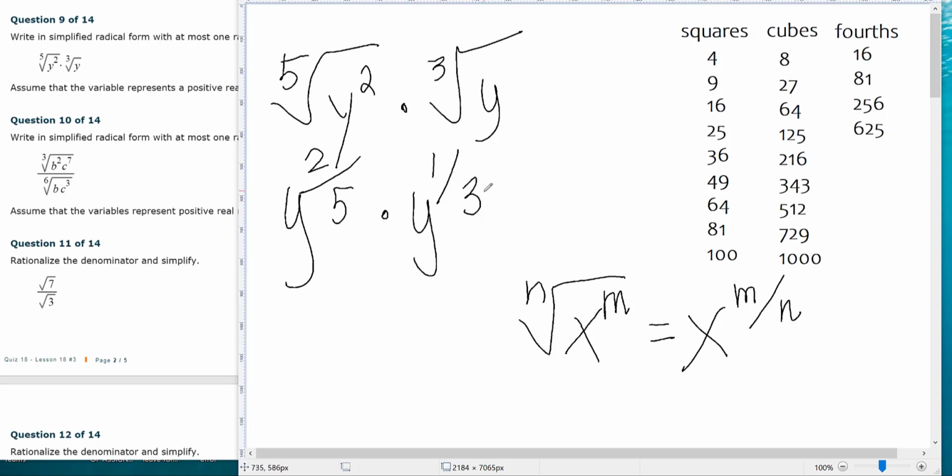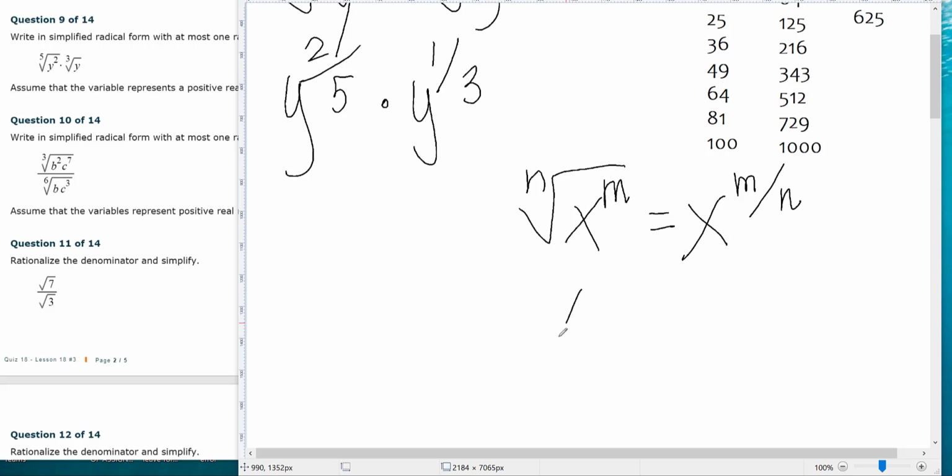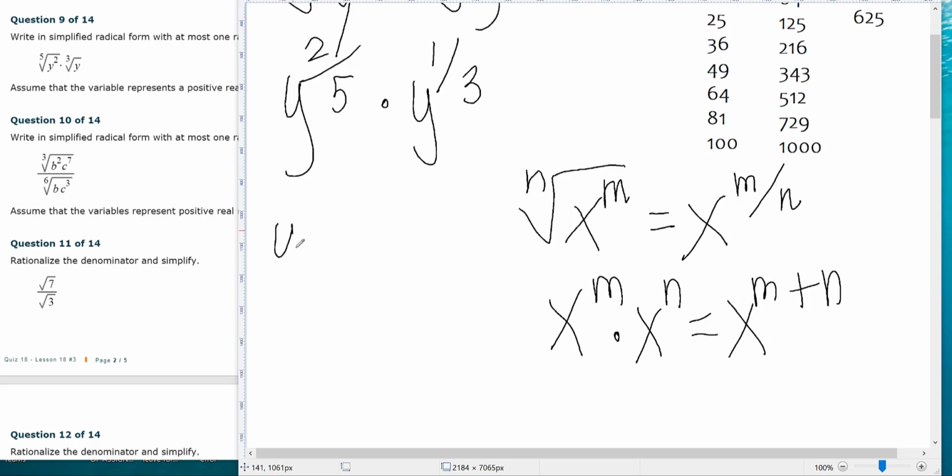Then we have to use our other property that says that when you multiply like bases, you add your exponents. So we're just going to have to add 2/5 plus 1/3.